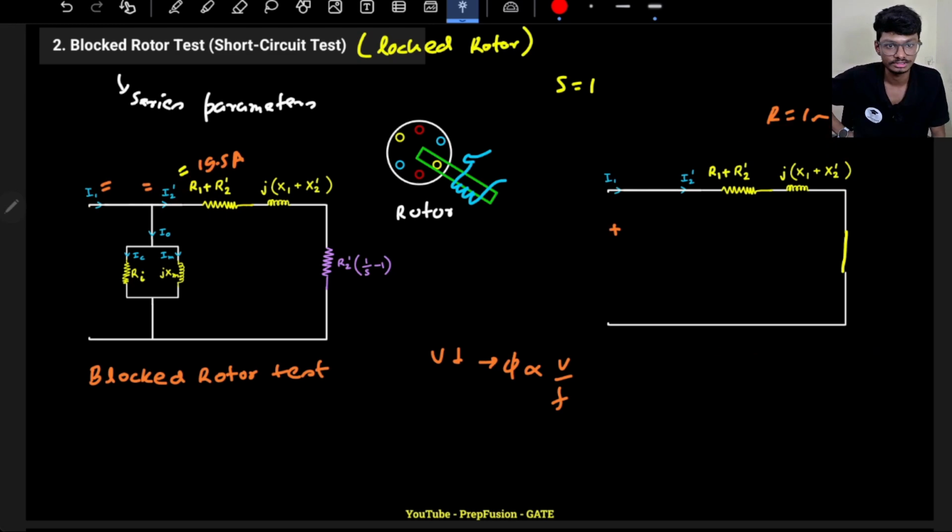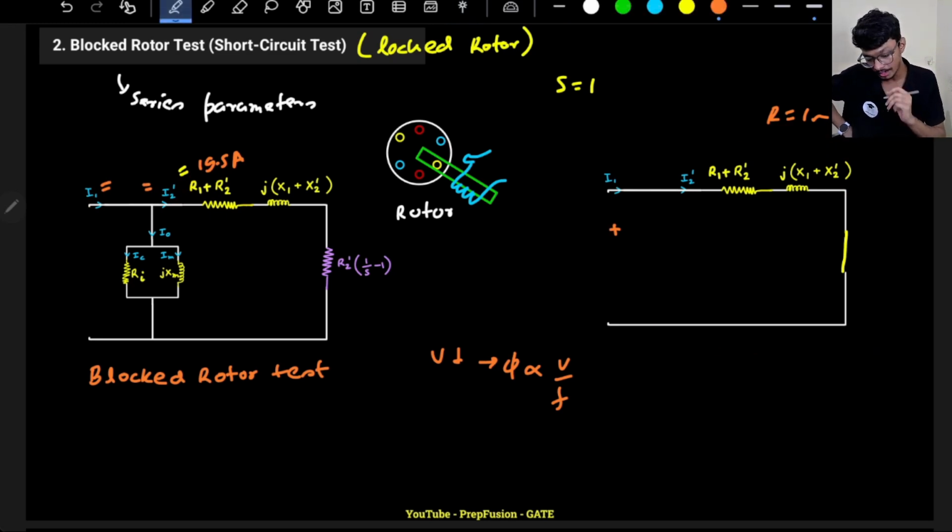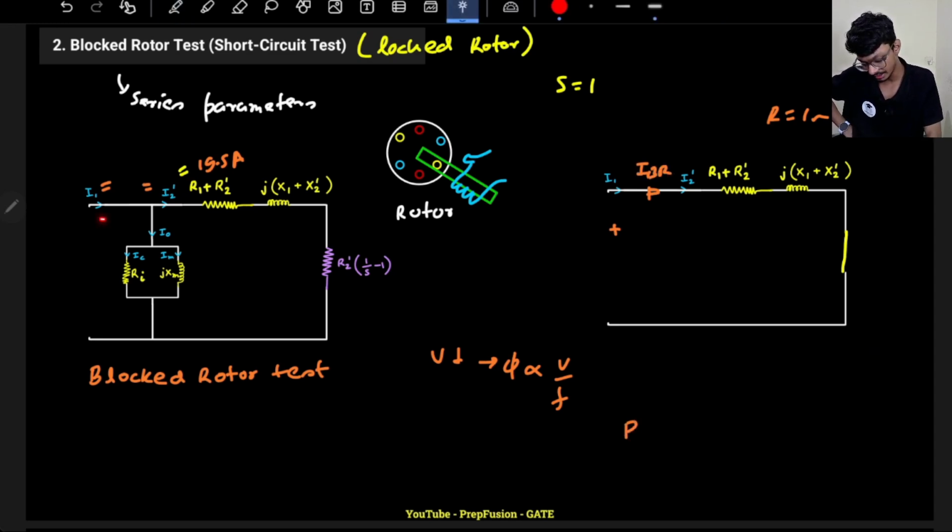I hope you have understood this portion. So where will the power loss happen? The blocked rotor current, rated current is flowing. Again the wattmeter, voltmeter and ammeter will be connected on the stator side.